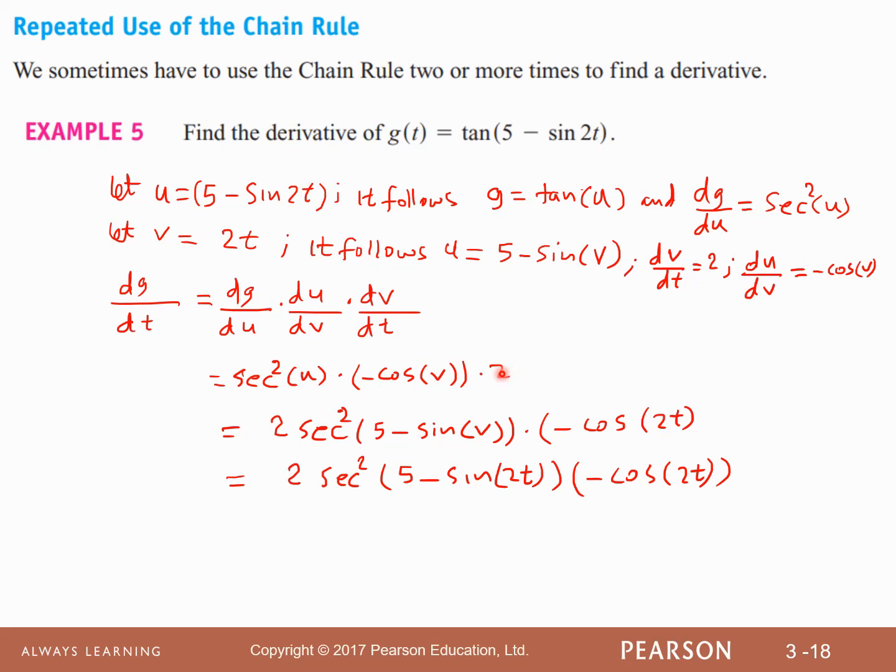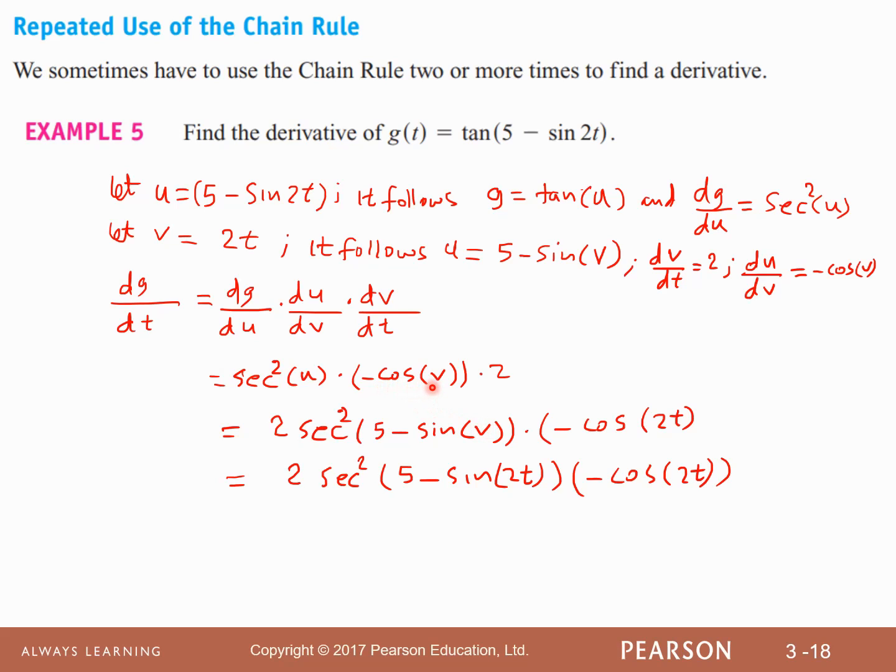Now we will make some rearrangement. So the 2, we're going to take it all the way to the left because it's just multiplied by the result of multiplying these two. So we have 2 here, and then we have sec square of 5 minus sine v, because u over here it's equal to 5 minus sine v. So we just placed, instead of u, we said put 5 minus sine v, and then this is multiplied by negative cosine v.